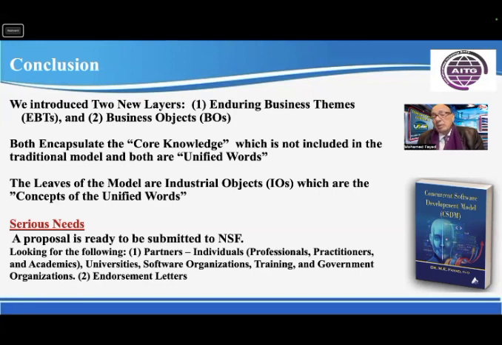It's not concepts. The leaves of the model, industrial objects, are the concept of the unified words. For example, we have a vehicle as a business object. Too many kinds of vehicles exist. They are tangible. You can see them, for example.